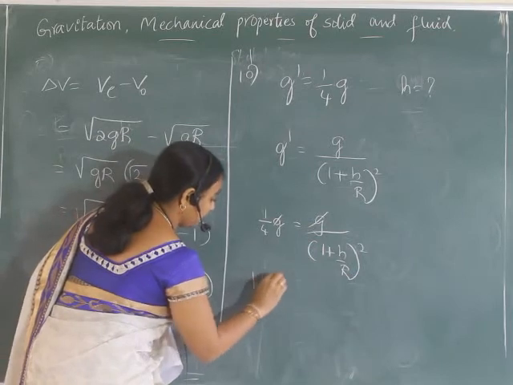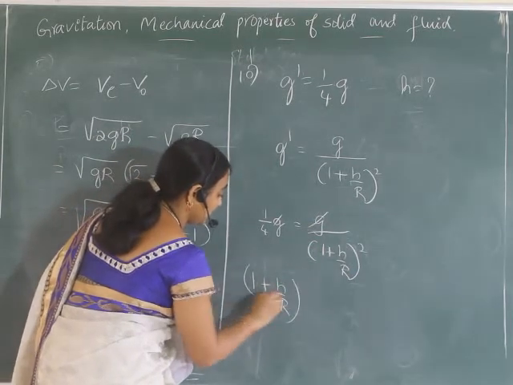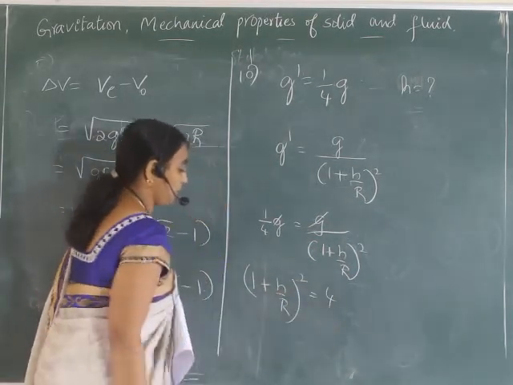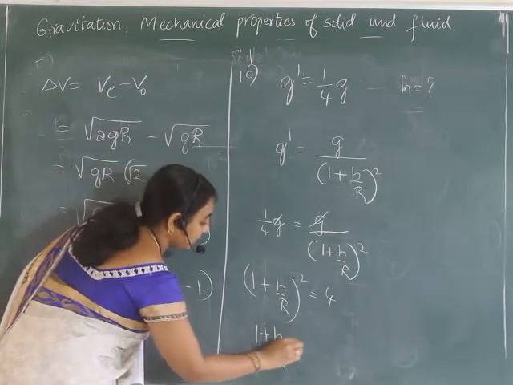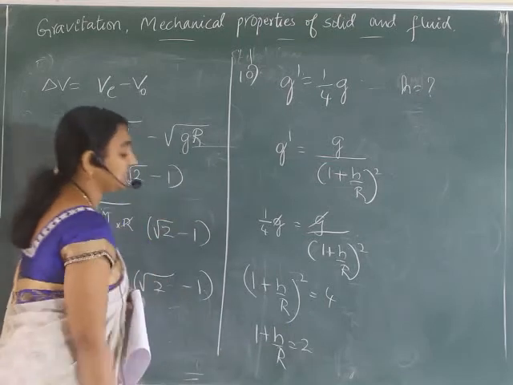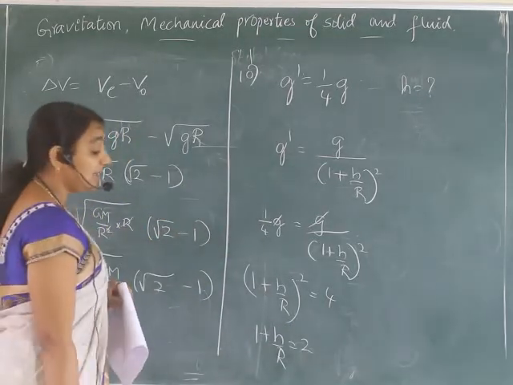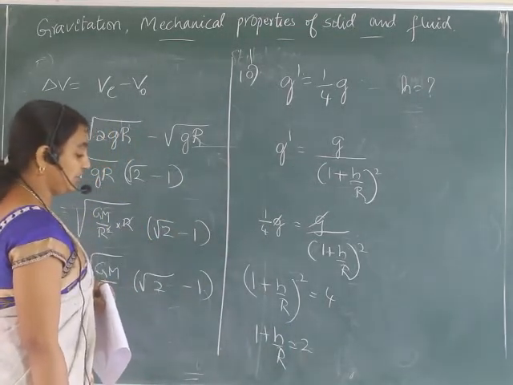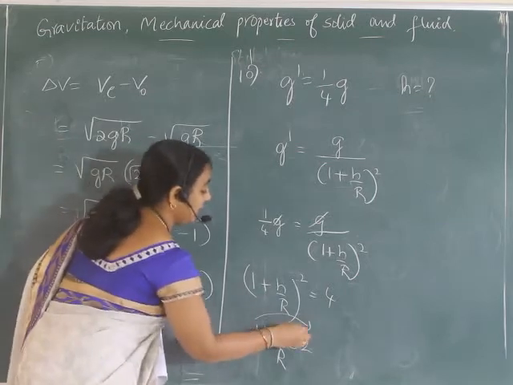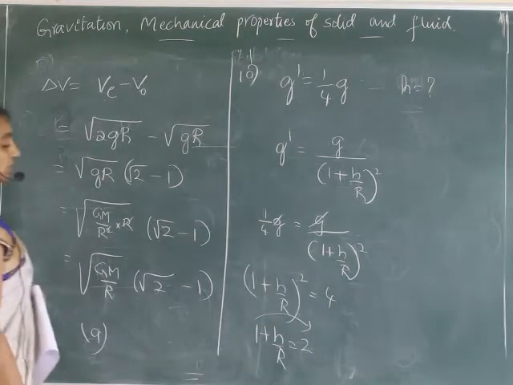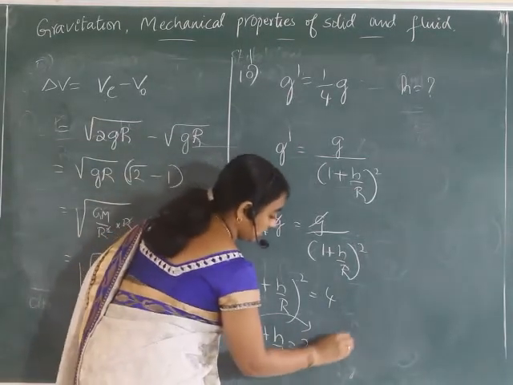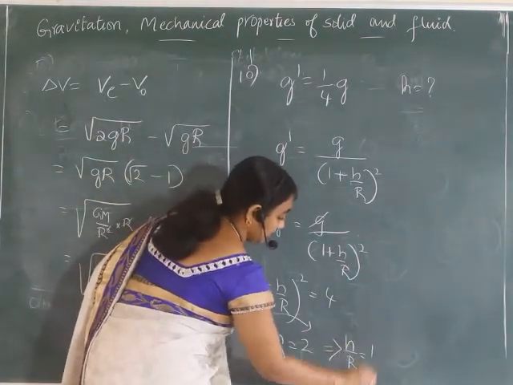So what remains is 1/4, or (1 plus h by R) whole square is equal to 4, or 1 plus h by R is equal to 2, because the square goes to the other side and becomes square root. Therefore h by R is equal to 2 minus 1, that is 1.